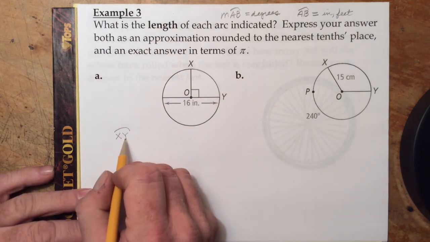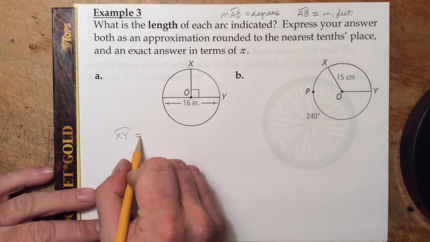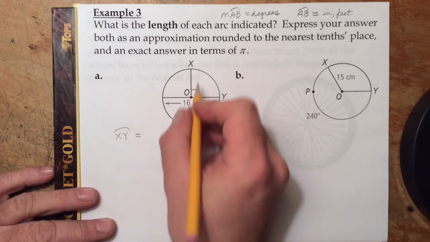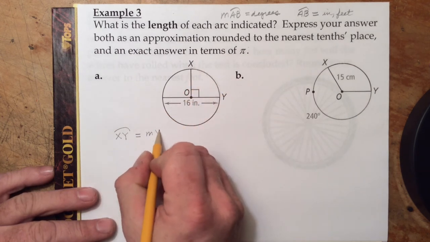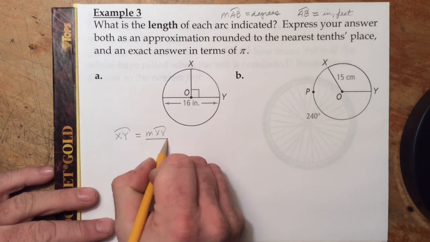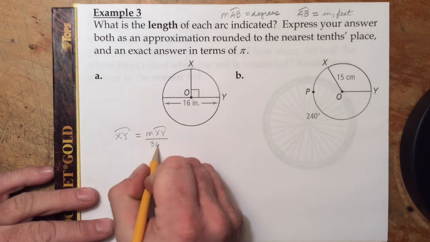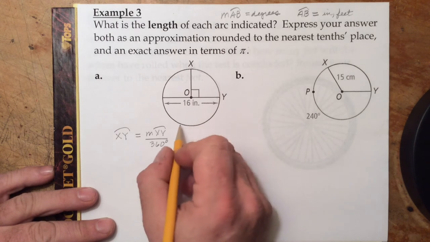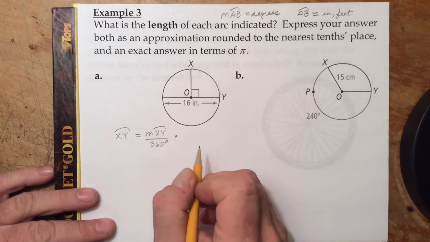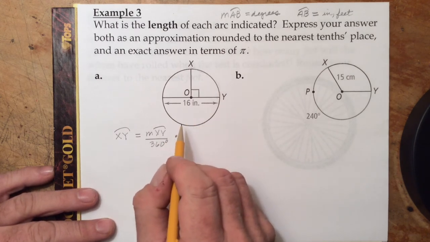So arc XY, according to the formula, you take the measure of that arc out of 360 degrees, the entire circle, and you multiply it with the circumference of a circle.